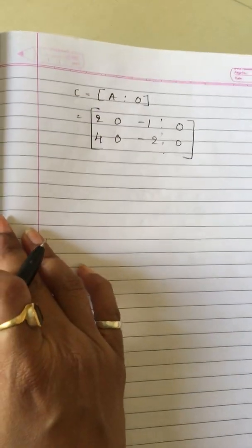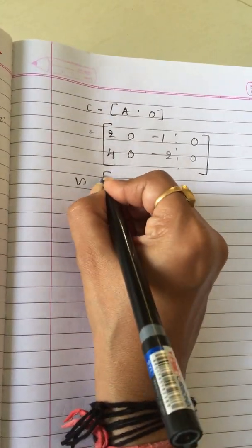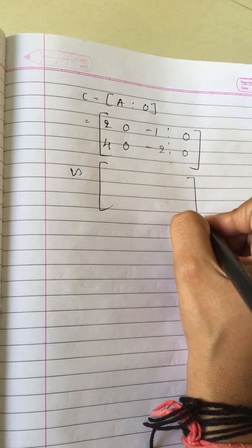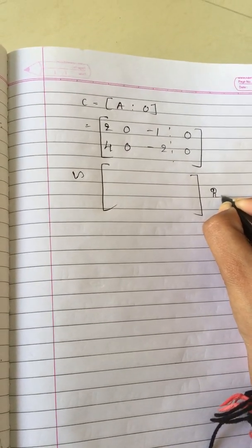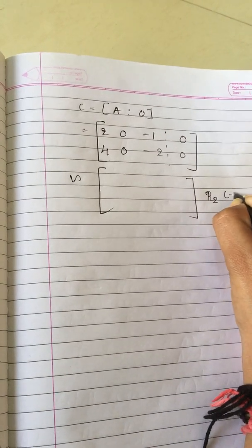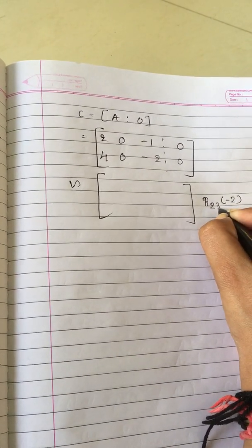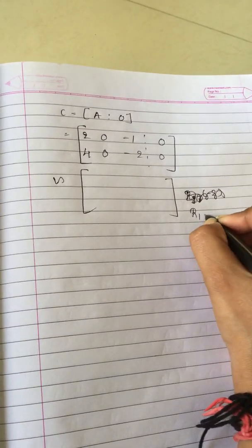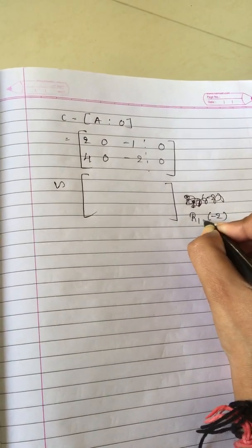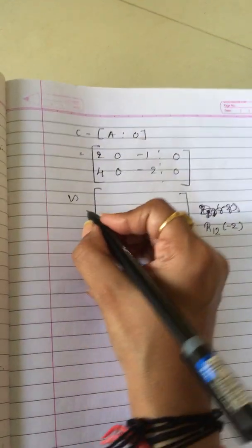Let's convert it into row echelon form. Start with your first transformation: R1 multiplied by minus 2 and added to R2.